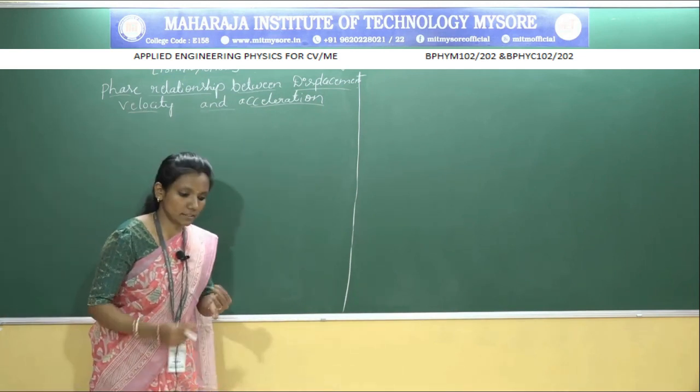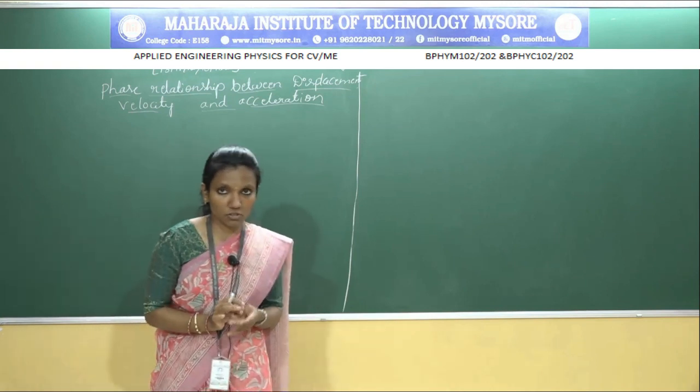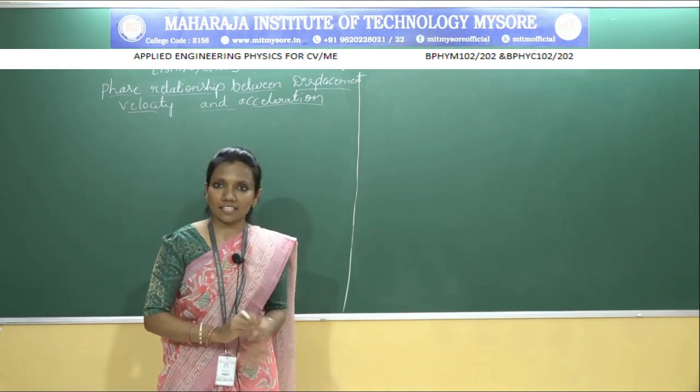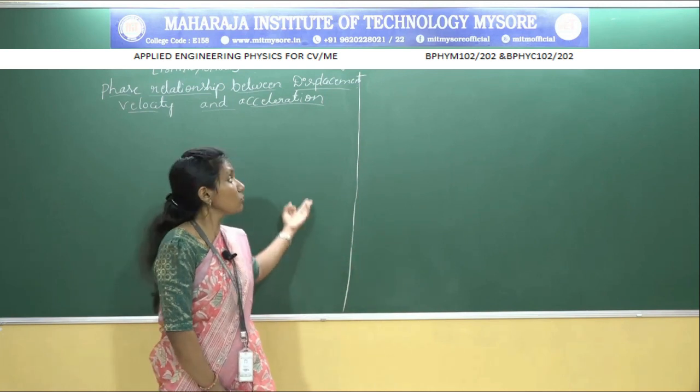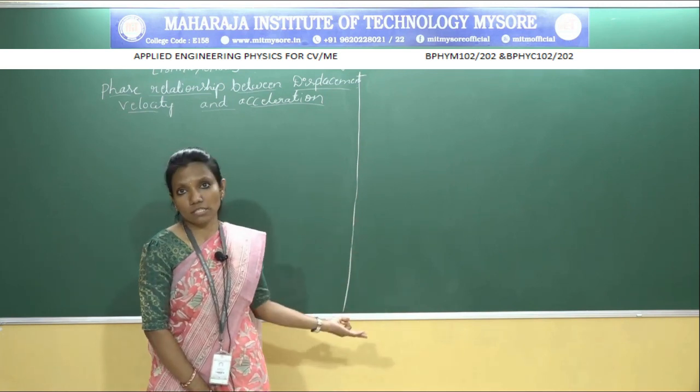So till now we derived the expression for displacement equation and velocity and the acceleration. By writing that, we can find out with what angle the particle is oscillating.